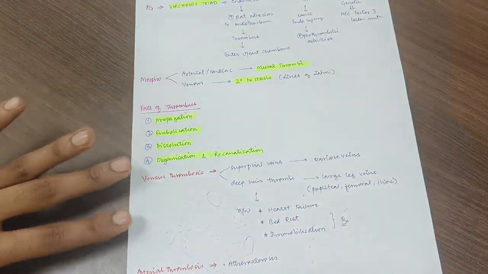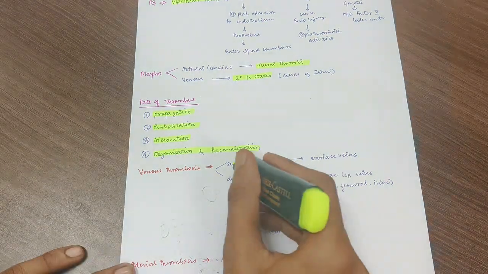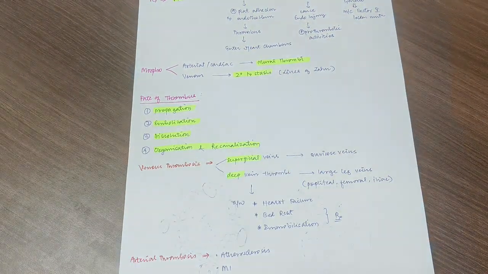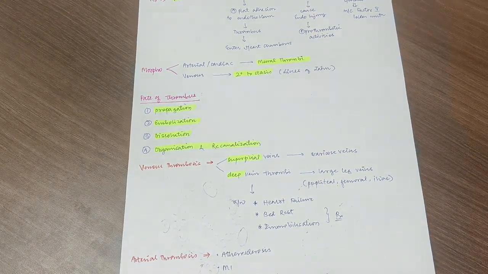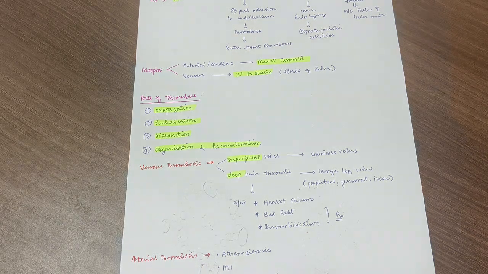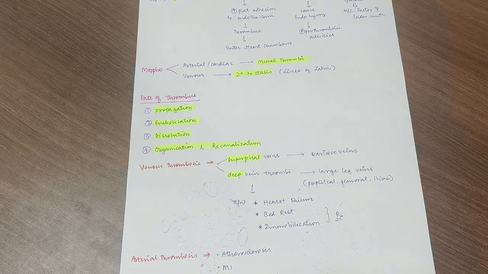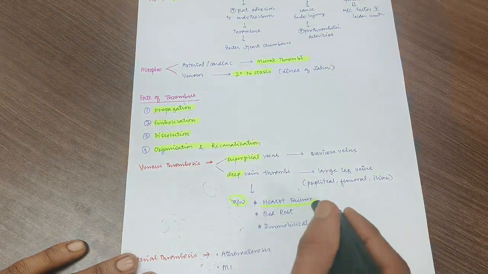Next is venous thrombosis and arterial thrombosis. Venous thrombosis is seen in superficial and deep veins. Superficial vein thrombosis is associated with varicose veins, whereas deep vein thrombosis is seen in large leg veins such as the popliteal, femoral and iliac veins. Deep vein thrombosis is very risky, and it is most commonly seen in pregnant individuals and is associated with heart failure.